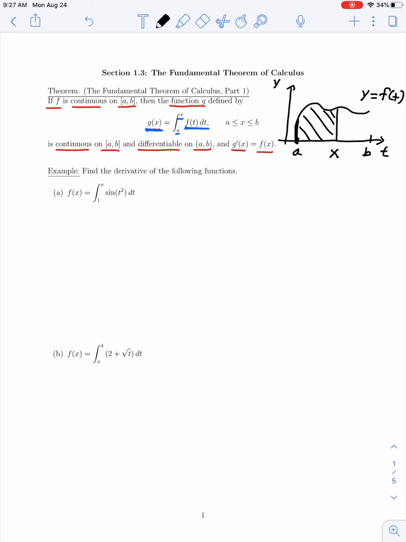Now, as x changes, so here g of x is a function of x. So if we take different values for x, maybe if we increase x, then we would have a little more area. So we see that this function, g of x, defined as a definite integral, would be representing the area under the graph of this function on the interval from a to x.